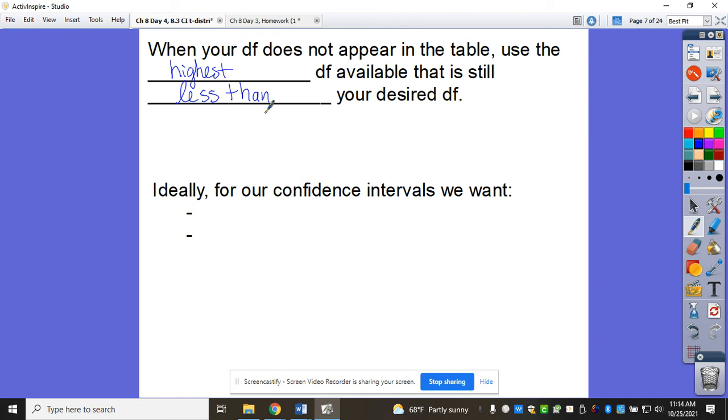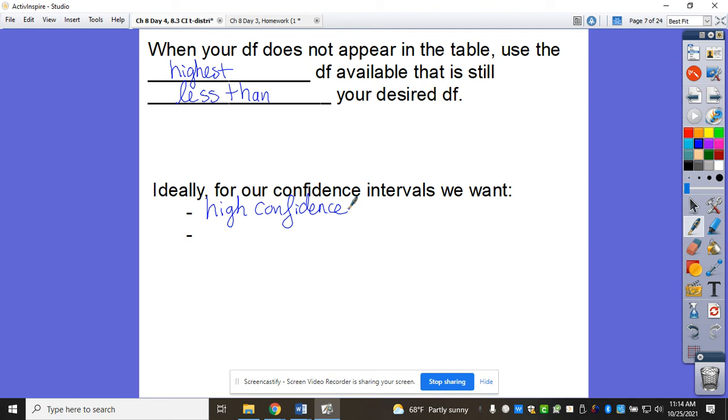Ideally, and don't think about these together, what kind of confidence do we want? If you're giving someone information, what kind of confidence do you want? So we want high confidence. And then again, don't necessarily think about these connected. What kind of margin of error would we want?